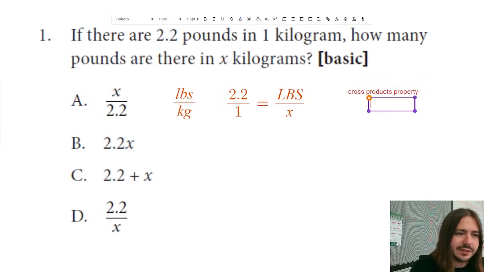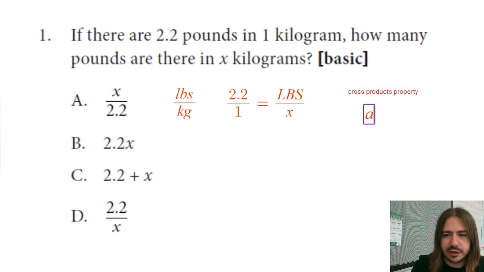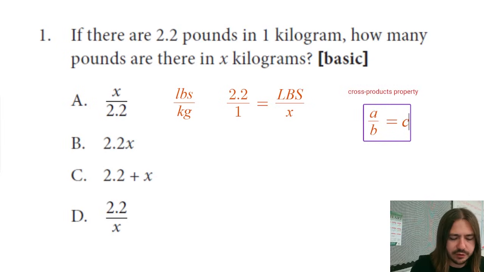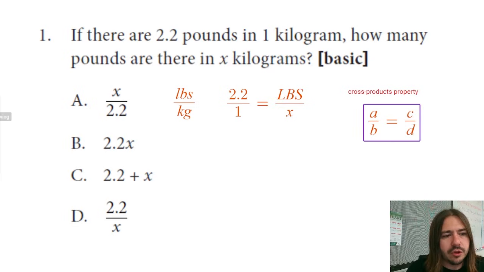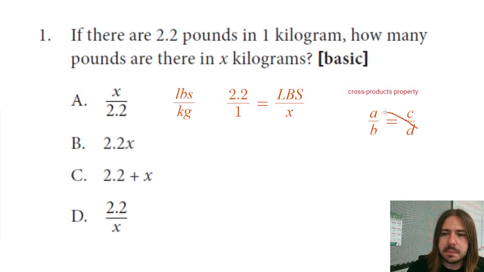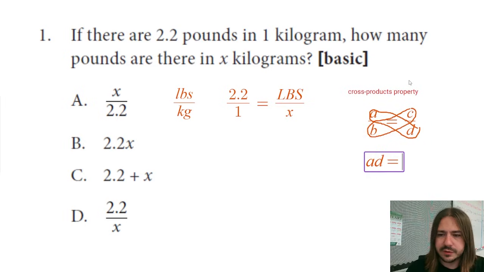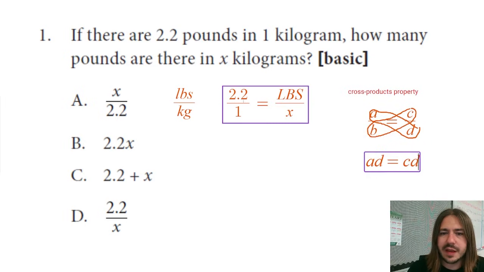But basically what it says is if you've got a proportion, two equal ratios, like A over B equals C over D, you can rewrite this by multiplying A times D. So multiply the numerator of one fraction by the denominator of the other, and that will be equal to the product of the other numerator times the other denominator. So we have AD equals CB.